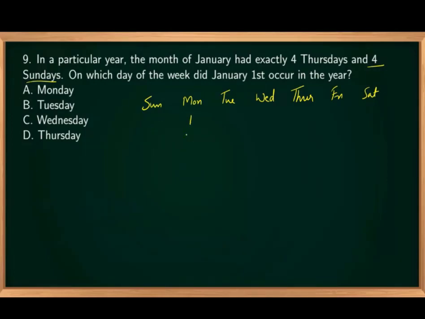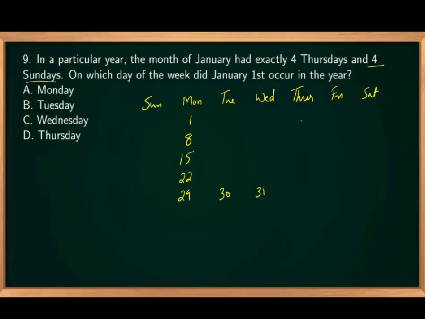1 Monday means the next Monday will be 1 plus 7, 8. Then 8 plus 7, 15. 15 plus 7, 22. 22 plus 7, 29. Then if 29 is Monday, 30 Tuesday, 31 Wednesday.